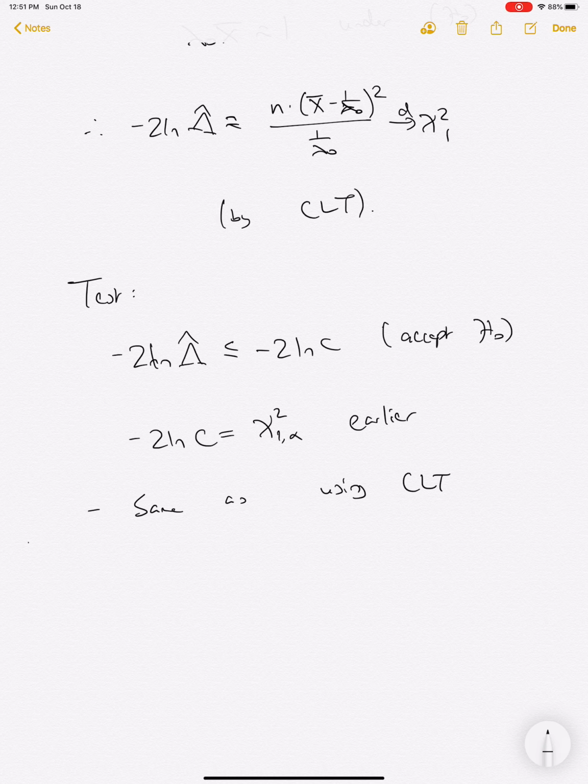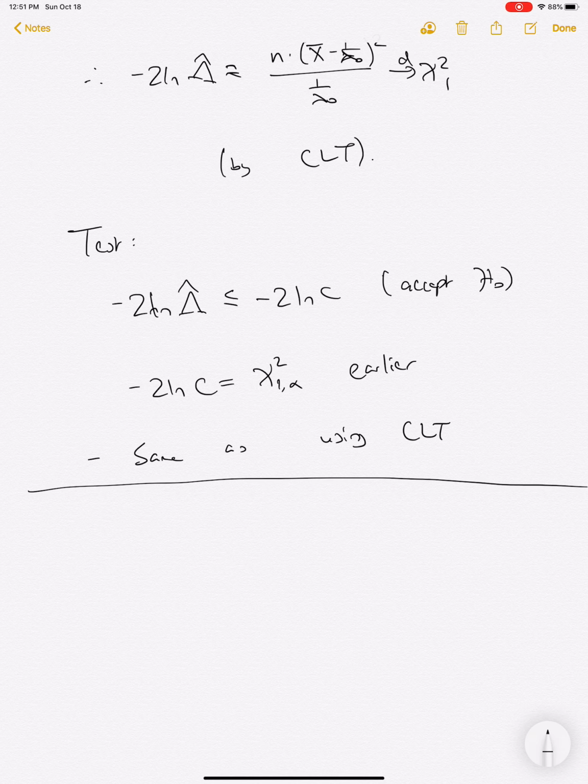Okay, so that's just demonstrating the GLRT in the case where the null hypothesis is theta equals theta 0, and the alternative is theta not equal to theta 0.